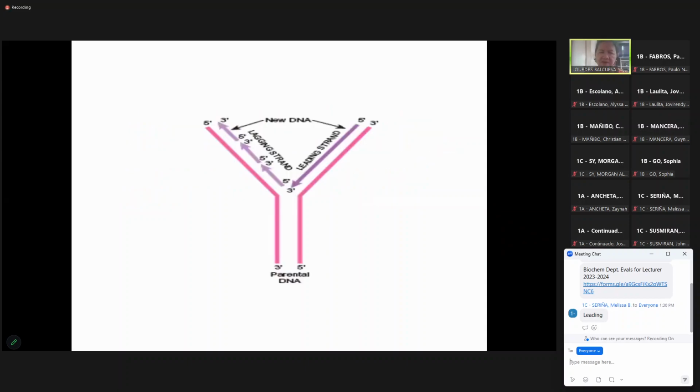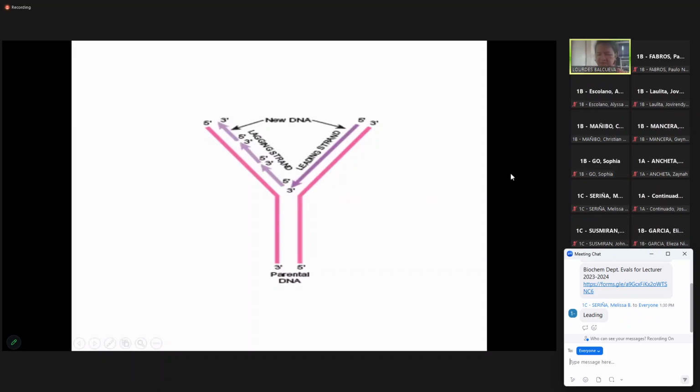Again, read that. So this is the direction continuously, because the parent strand runs 3'-5', while the parent strand that runs 5'-3' is replicated with the formation of Okazaki fragments.